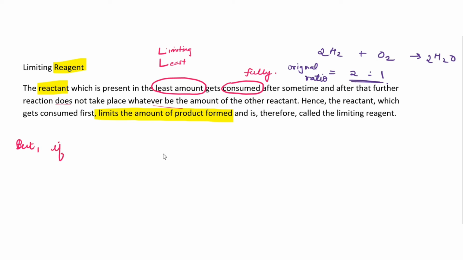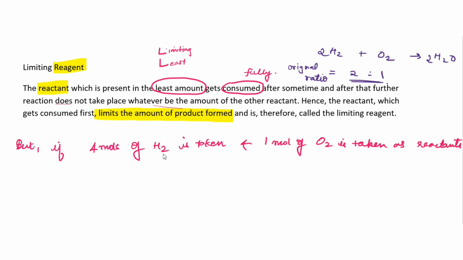But in the lab, for example, we have 4 moles of hydrogen and 1 mole of oxygen taken as reactants. We require only 2 moles of hydrogen, but we have 4 moles, which means hydrogen is the excess reagent and oxygen is the limiting reagent.